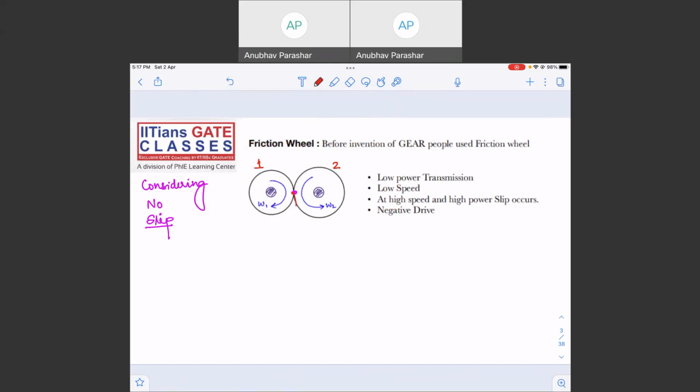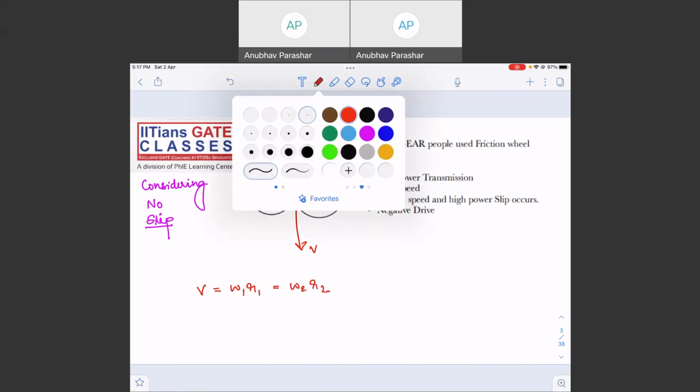So if it is a common point, it will have a common velocity, a single velocity. If I say V, I can say V is equal to omega 1 R1, if the radius of the first wheel is R1 and the radius of the second wheel is R2. This can also be written as omega 2 R2, because it's a common point.